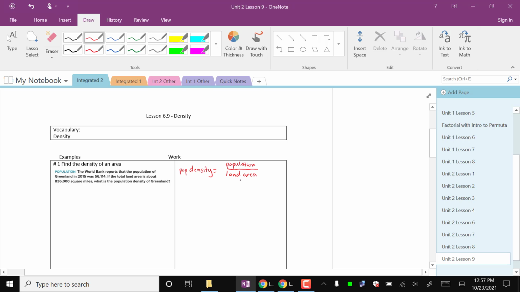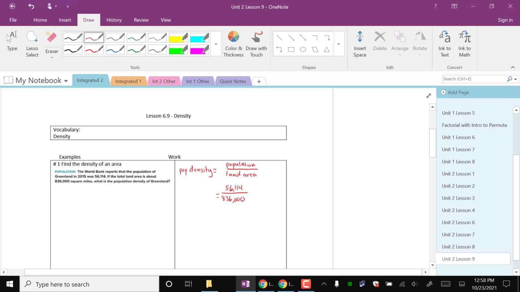So the population of Greenland is 56,114. The land area of Greenland is 836,000.